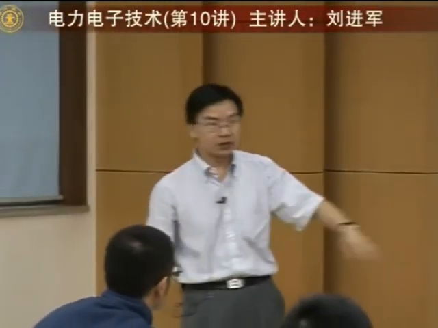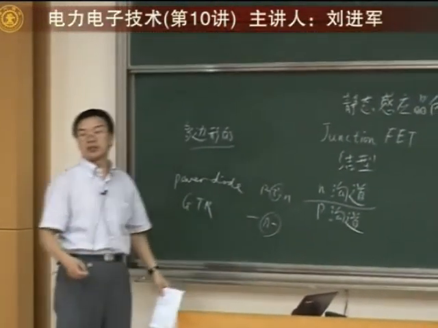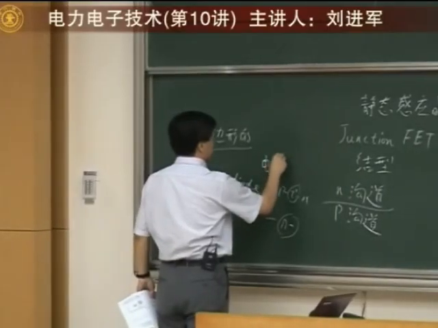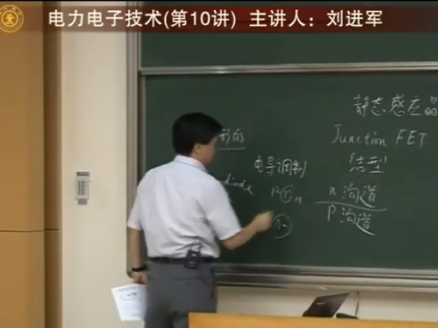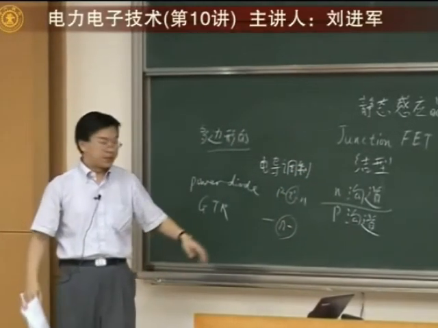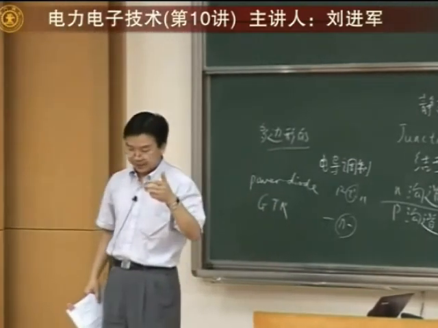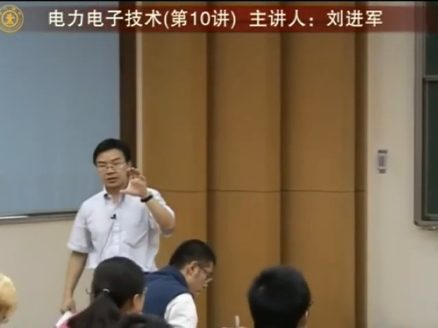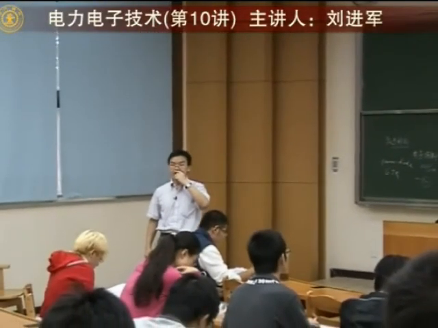Do you still remember? For the power diode, how do we handle that? Conductivity modulation, right. Because for both the power diode and GTR, when you are applying positive voltage, that means the PIN junction is under forward direction voltage.